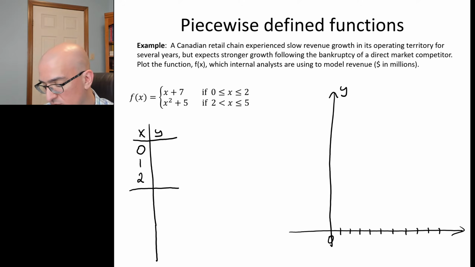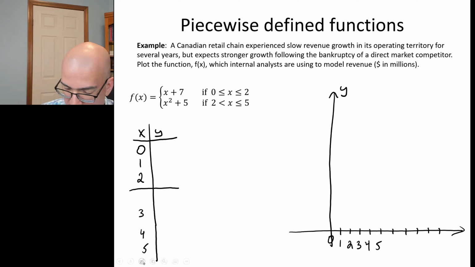And actually that means we only go up to 5. The function doesn't exist outside that range, outside that domain. Okay, then I'll put 3, 4, 5.